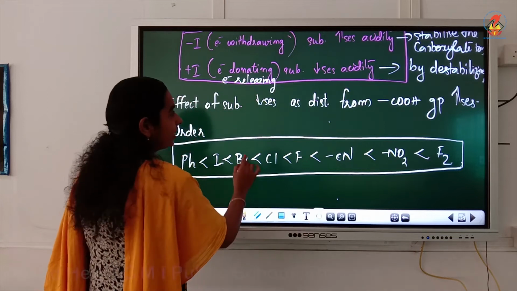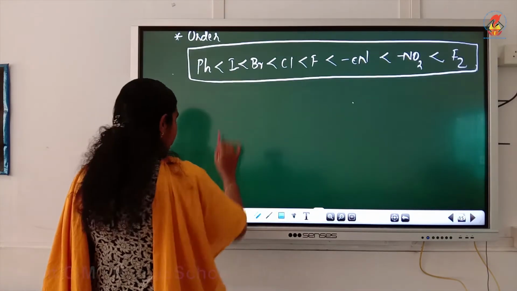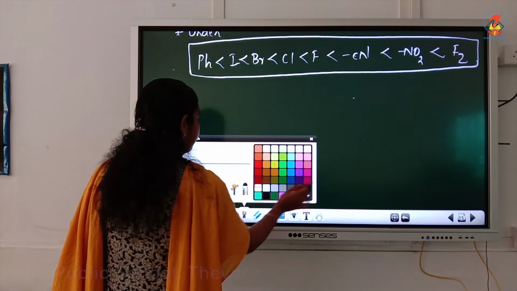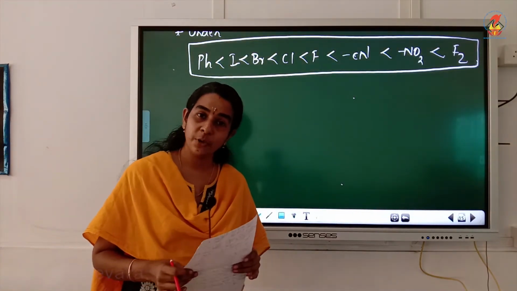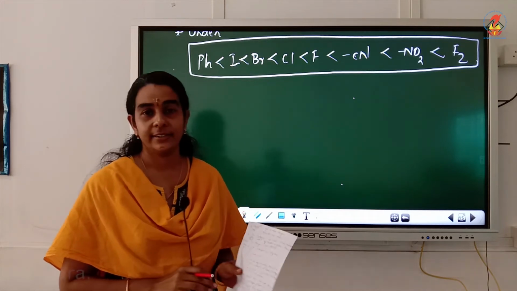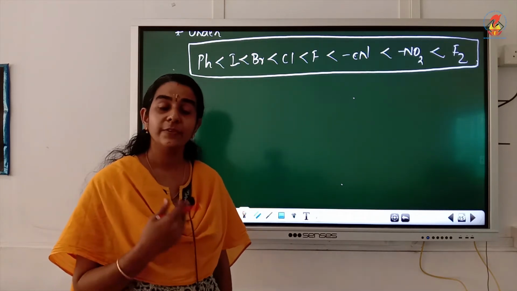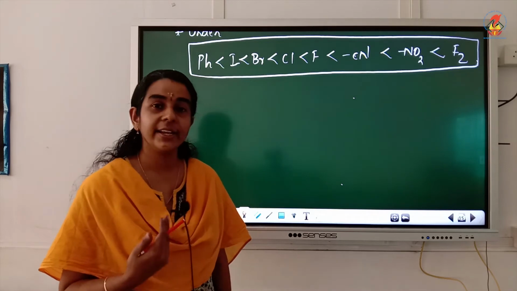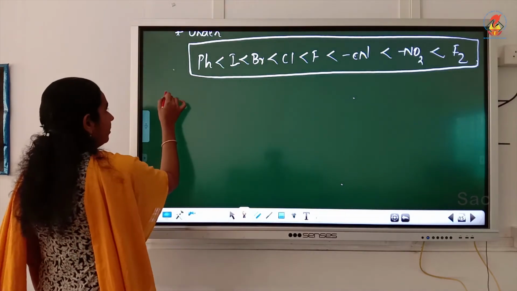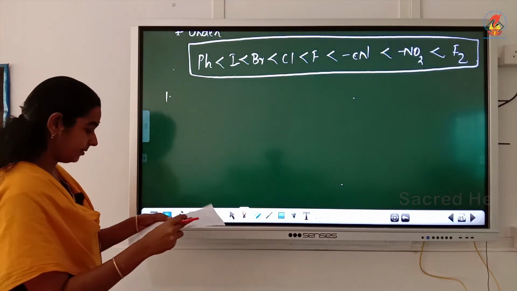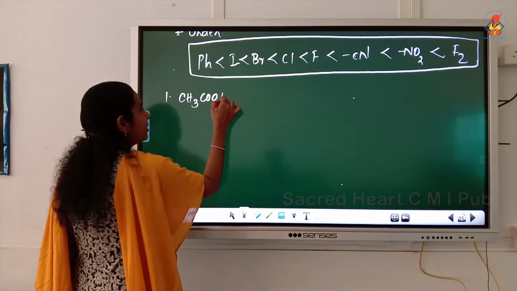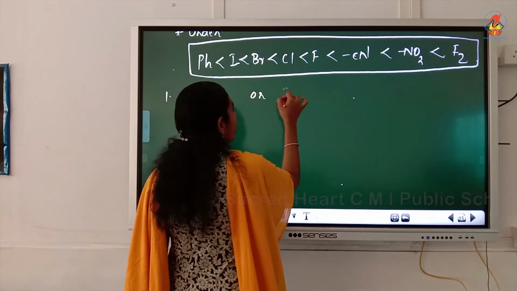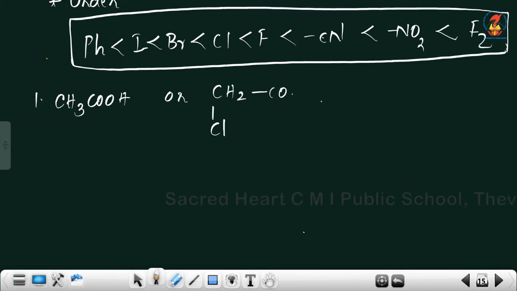Now, we will see a few questions. The question is to identify which is more acidic and write the reason. The first question is CH3COOH or CH2Cl-COOH.